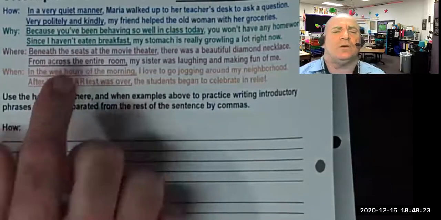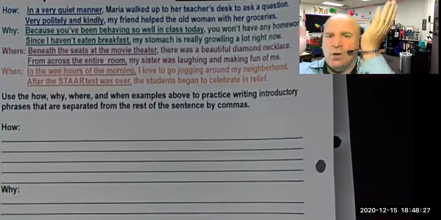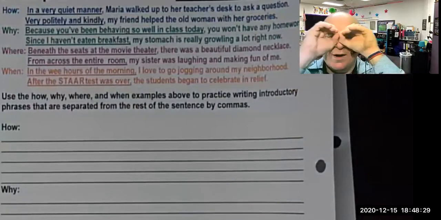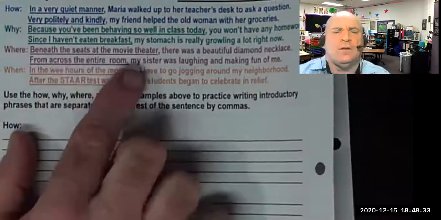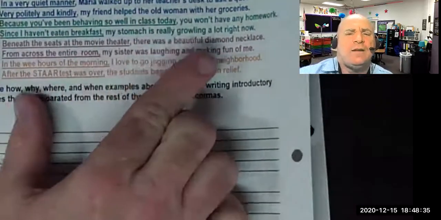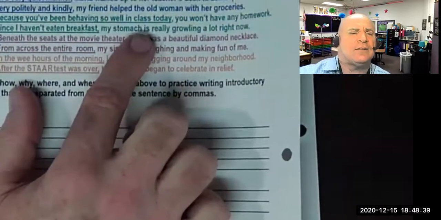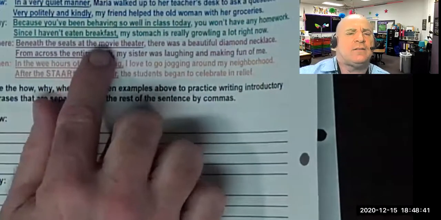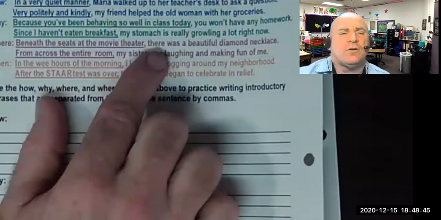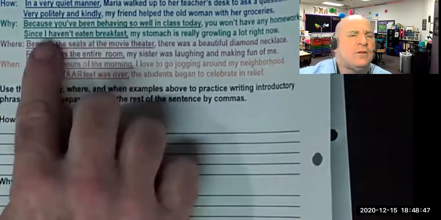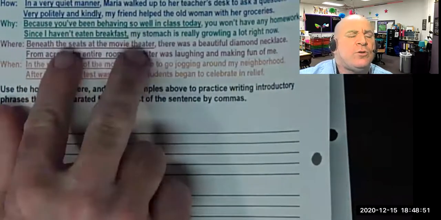Okay. Next one is where. To start with how, why, where. Looking for a location. There was a beautiful diamond necklace. That's right, capital. There was a beautiful diamond necklace beneath the seats at the movie theater, period. When you start with where, all we know is where and where.